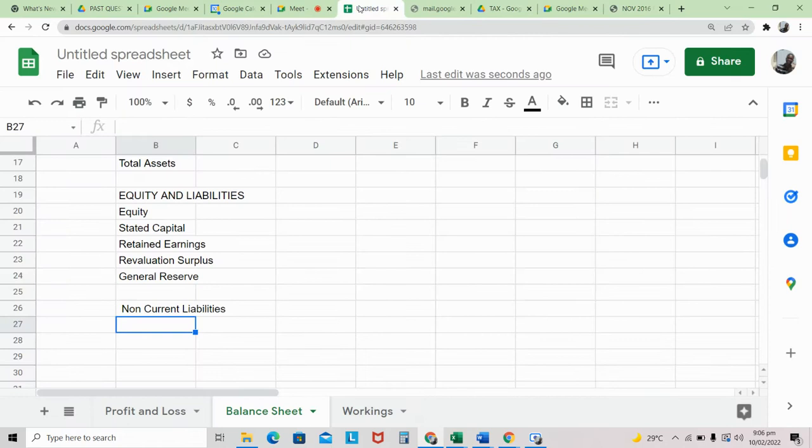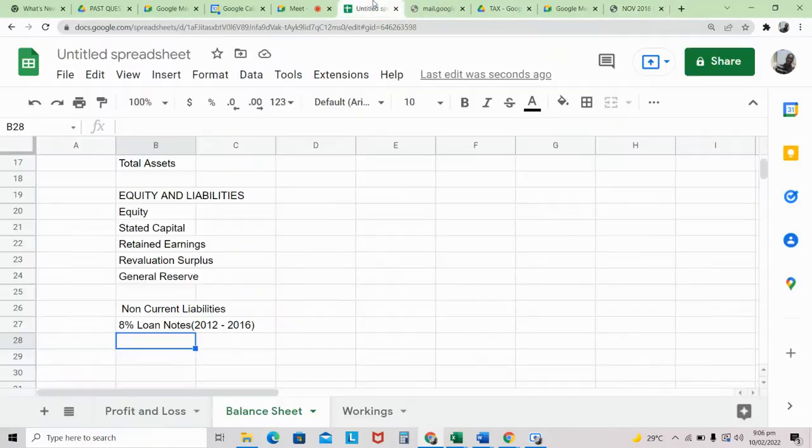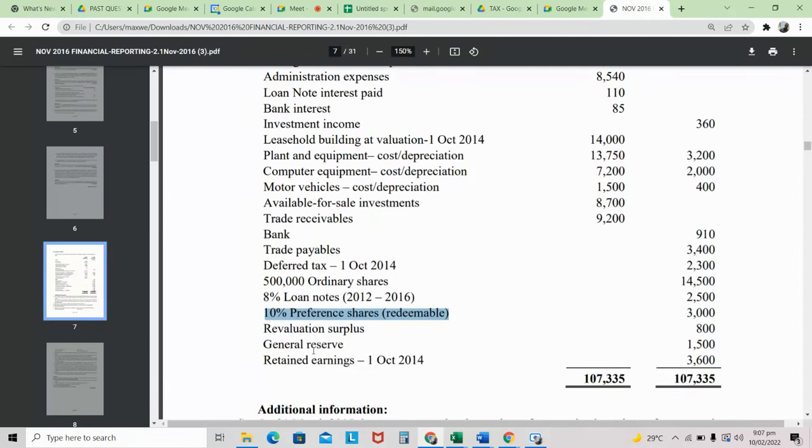We also have 10% preference shares. Now what else do we have?